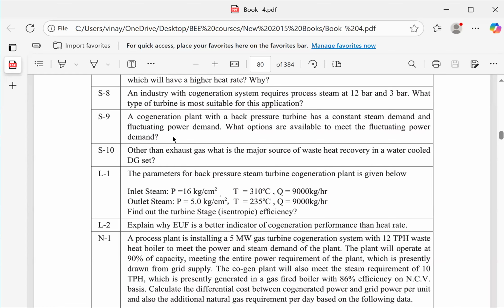If you are short of power, you can use the power from the grid. If you have excess power, you can sell it to the grid. So for fluctuating electrical power, the solution is to buy and sell to the grid.